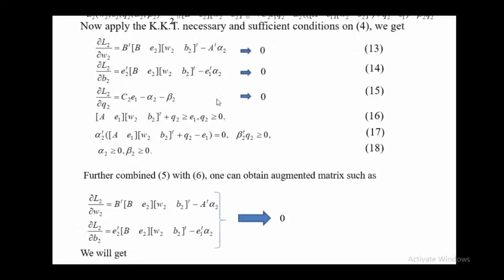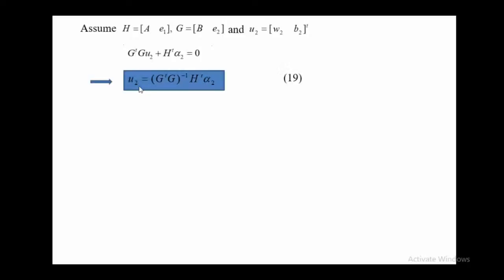So we are just writing in a simple form, and from here you can calculate your U2. U2 is equal to G transpose G inverse H transpose alpha.